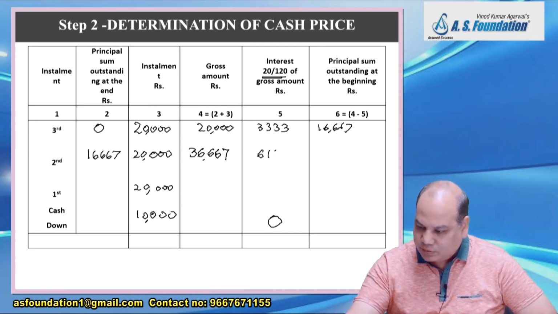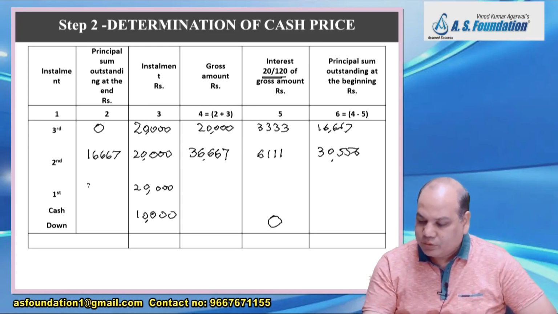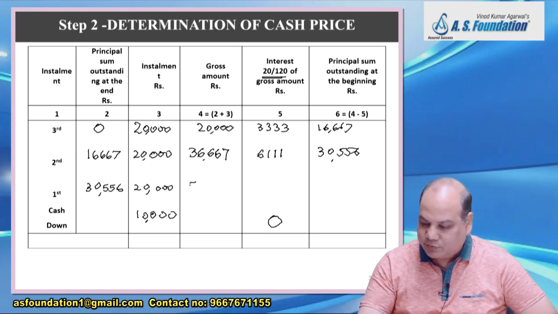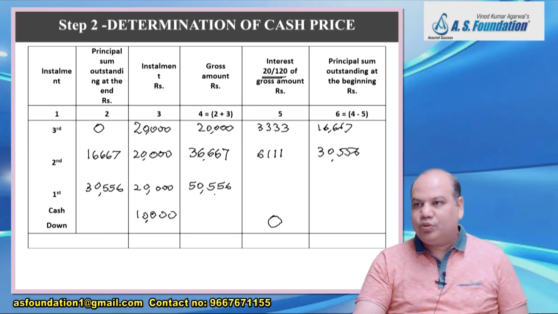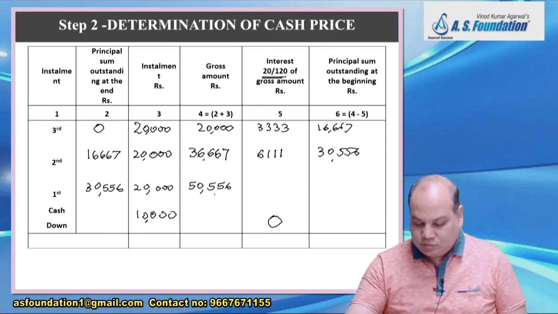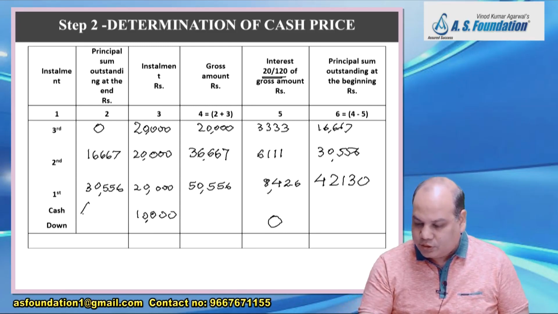Interest 6,111. Balance 30,556. 30,556 plus 20,000, 50,556 into 20 by 120: 8,426. Balance 42,130. 42,130 plus 10,000.